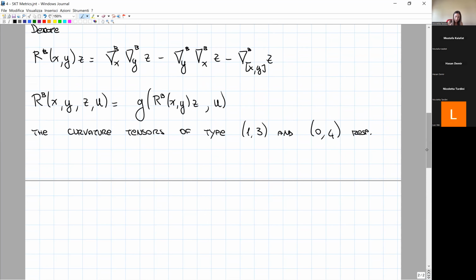Let me first recall another fact that we said: nabla^B equals the Levi-Civita connection, so the Bismut connection coincides with the Levi-Civita connection, if and only if the metric omega is Kähler.